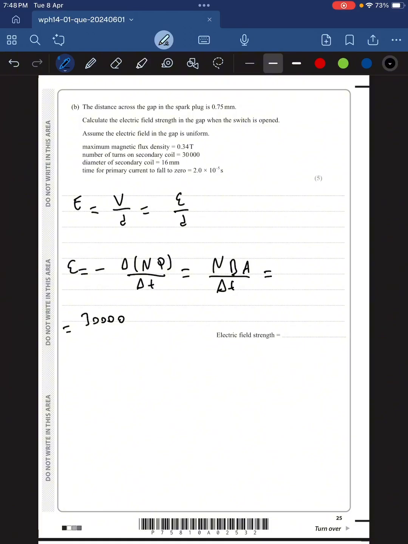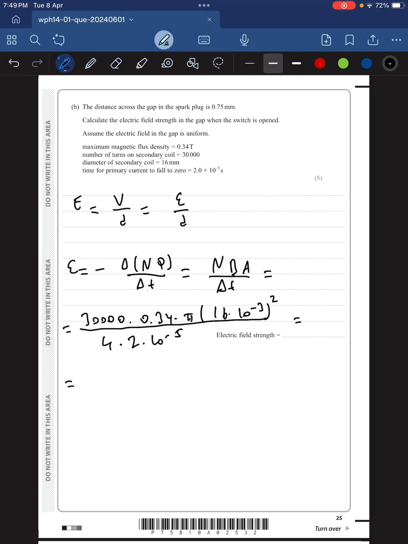We have 30,000 times 0.34, which is B, times pi, times 16 times 10 to the negative 3 squared, which is the diameter of the secondary coil, over the time, which is given. We have 4 here because you're given the diameter, and the radius is the diameter over 2, so that's where the 4 appears from. And then the time is 2 times 10 to the negative 5.